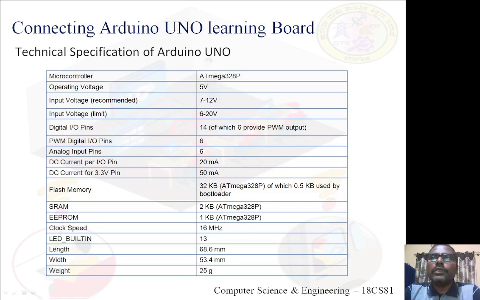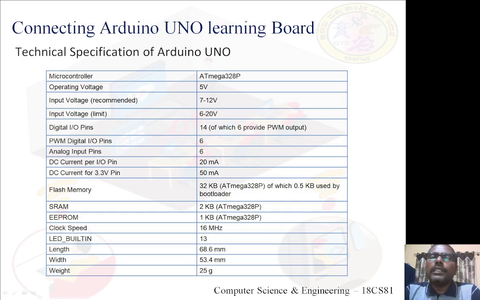There are also 6 analog pins labeled A0, A1, A2, A3, A4, A5, which we have seen in the previous session. The DC current per I/O pin is 20 milliamps. The DC current for the 3.3 volt pin is 50 milliamps.